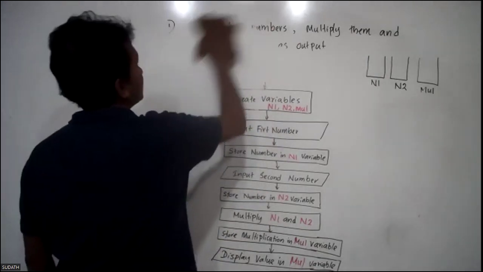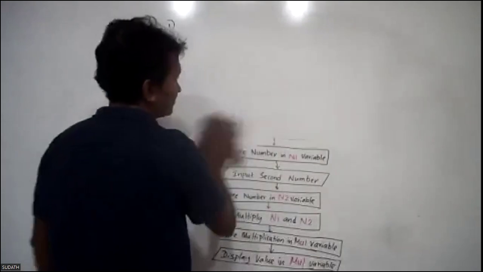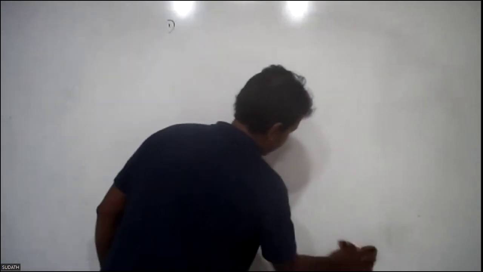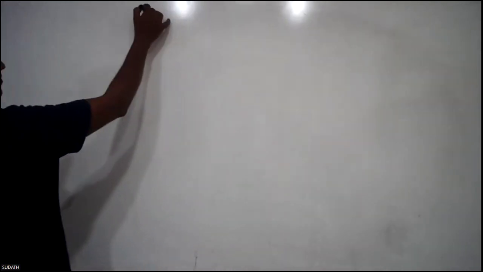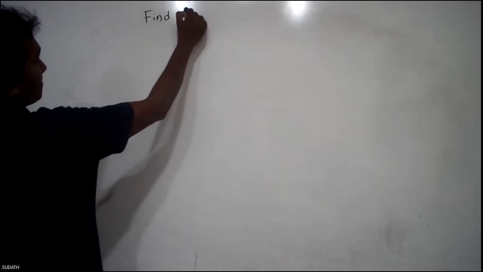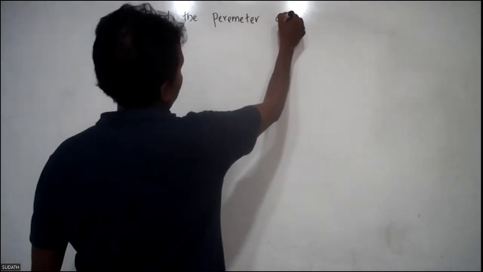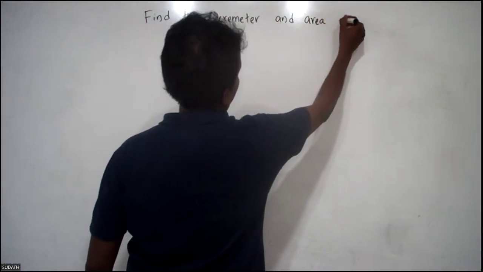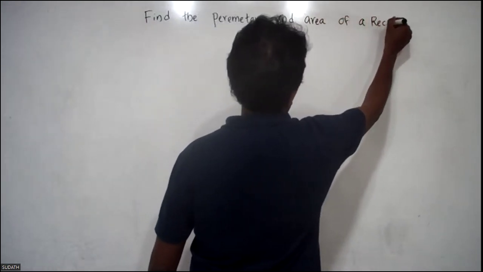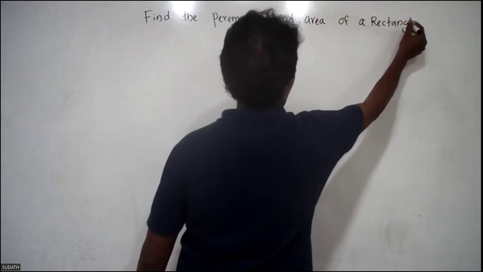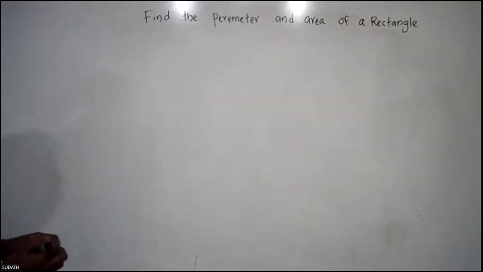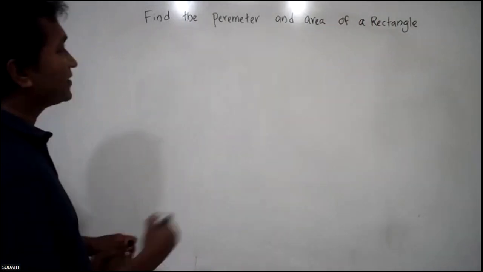Our next question is, find the perimeter and the area of a rectangle.